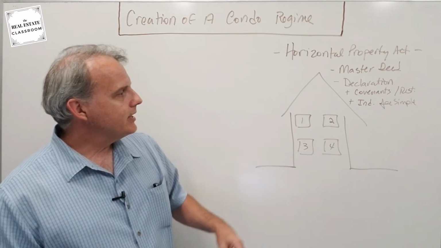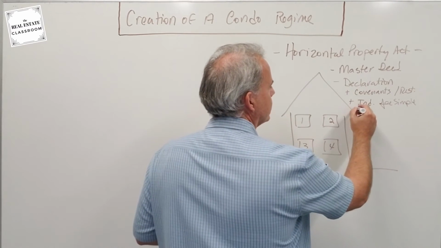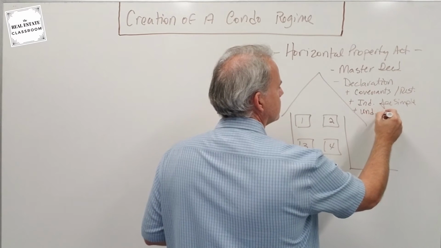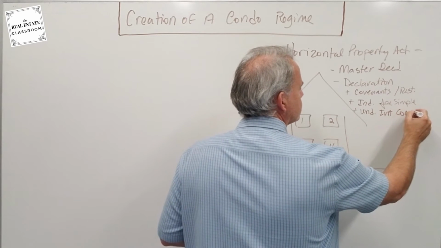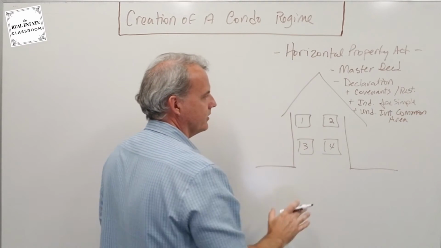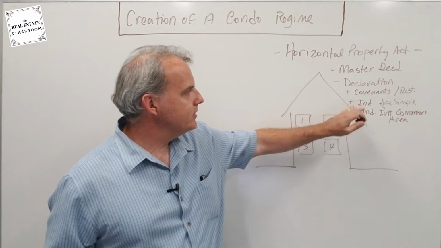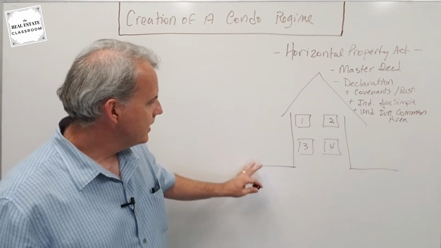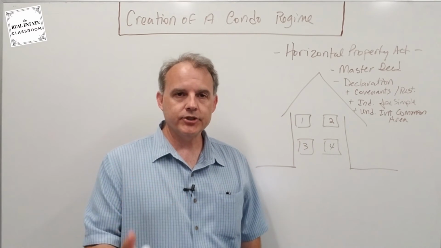It also allows for the establishment of what we call an undivided interest or ownership in the common areas. So yes, I am the owner of condo unit number 1 and I have individual fee simple absolute ownership, but I also have an ownership interest in the entire condominium regime.